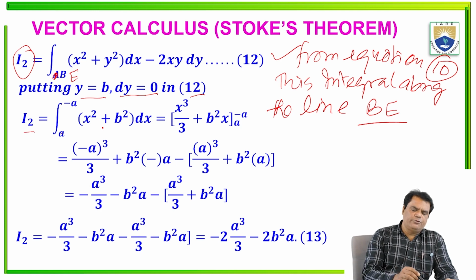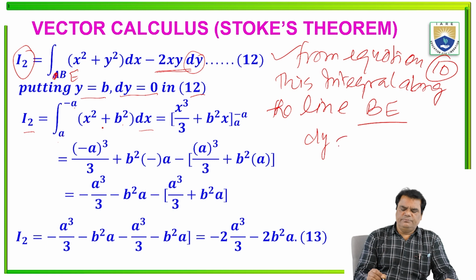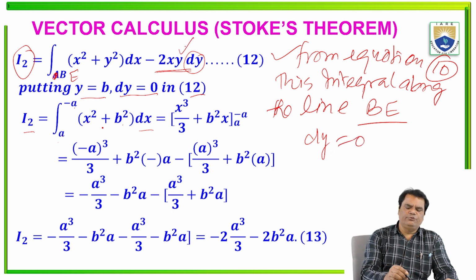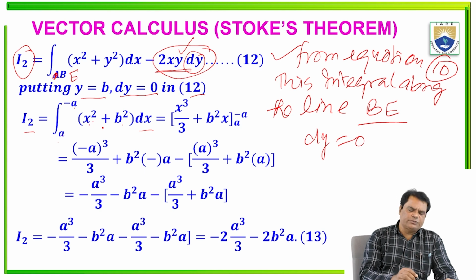So I2 is the integral from a to minus a, putting y equal to b, of (x square plus b square) dx. Since dy is 0, the second term vanishes, leaving x square plus b square dx.